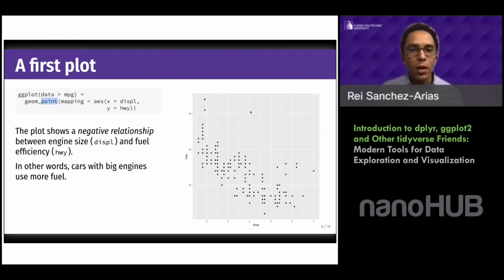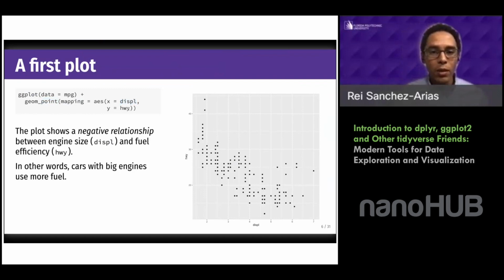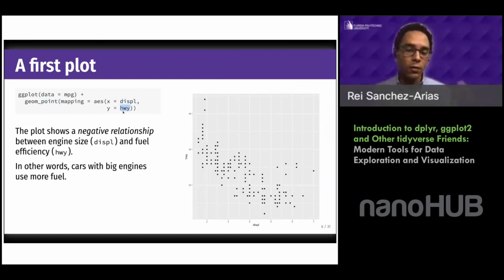I'm saying, look, map the variable engine size to the horizontal axis, so that's why it says x equals displ, and map the fuel efficiency to the vertical axis. Those two things are defined within a function called aes. That stands for aesthetics, and it also gives you an idea that there are many other aesthetics that you can define.